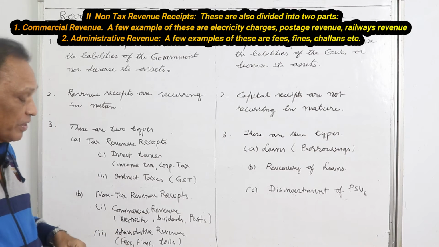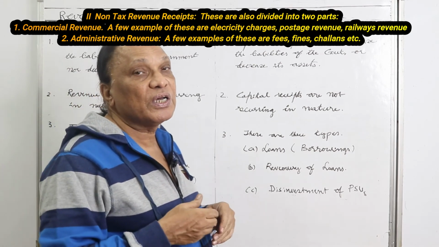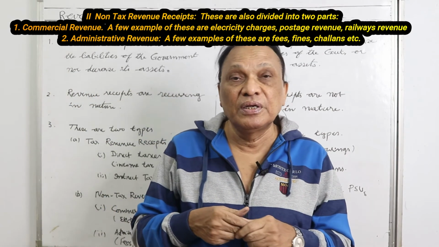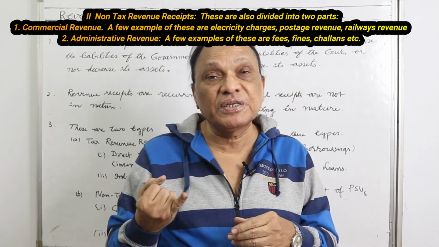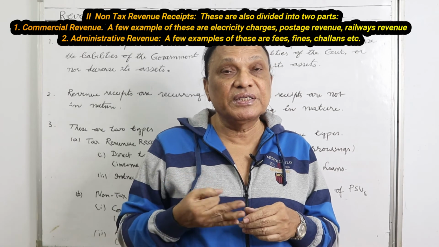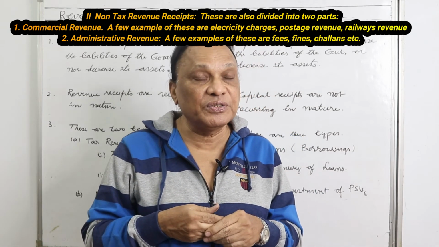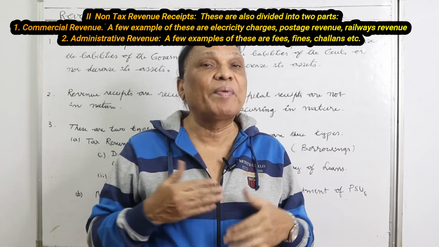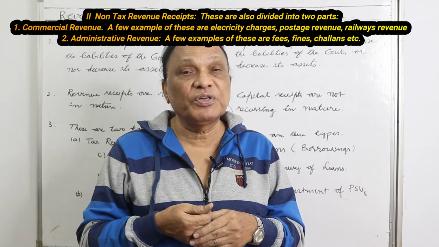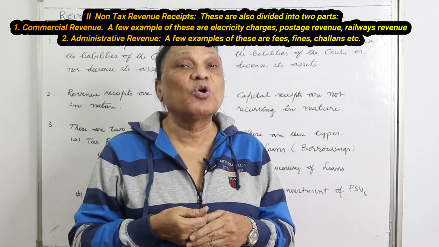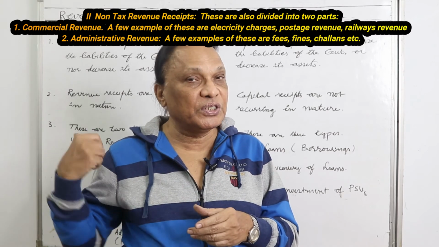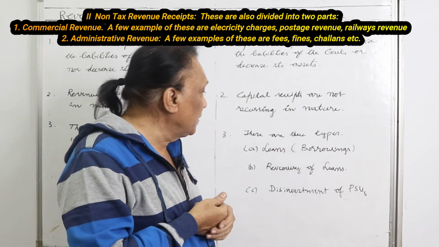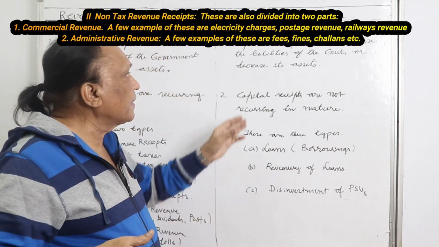And administrative revenue is the revenue which the government gets in the process of administration. This can be fees, college fees, the fees charged when you buy and sell properties, or buy firearms, and tolls. That is the administrative and commercial revenue.